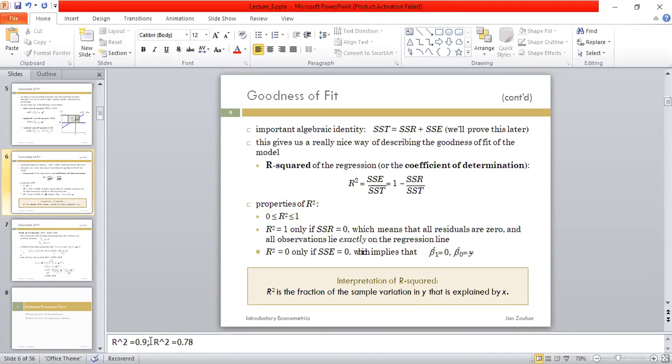Professor, can I try? Yeah. R square 0.78 means the variation in y is explained by x. No. Anybody else?